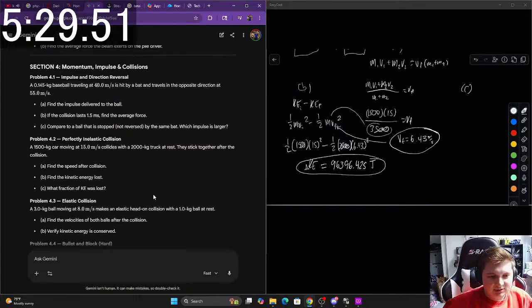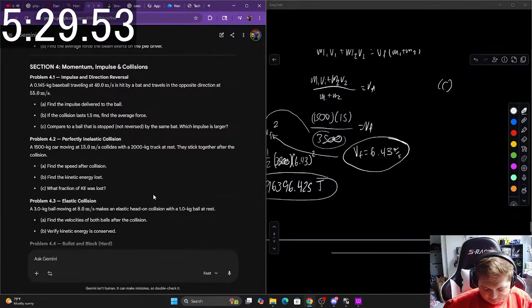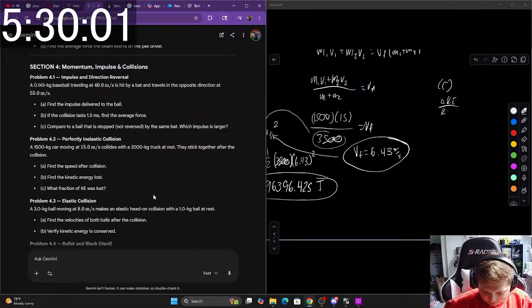What fraction of KE was lost? Would that be the change in KE over KE initial?